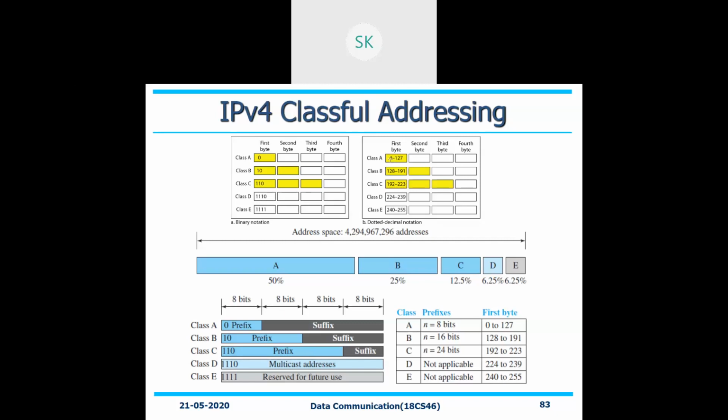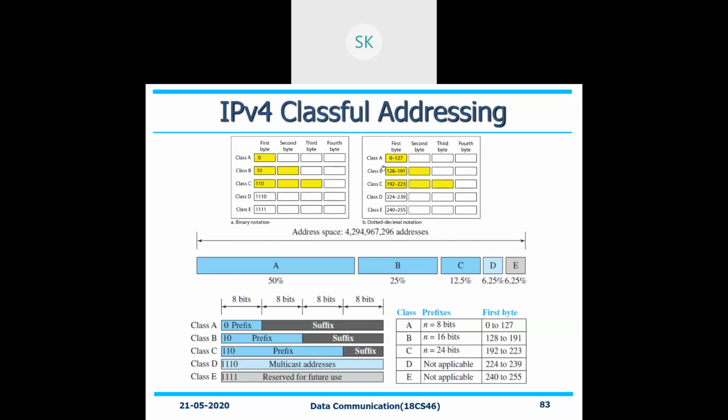Class A will start from 0 to 127. That is 0.0.0.0 to 127.x.x.x. Next, 128.0.0.0 till 191 will be taken for class B. From 192 to 223, it will be for class C. These starting addresses have been reserved.